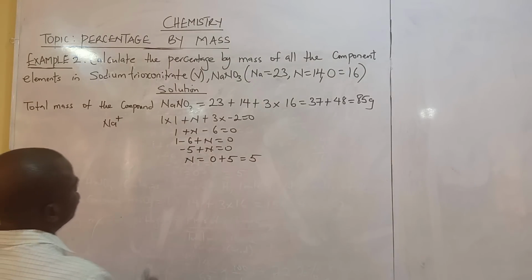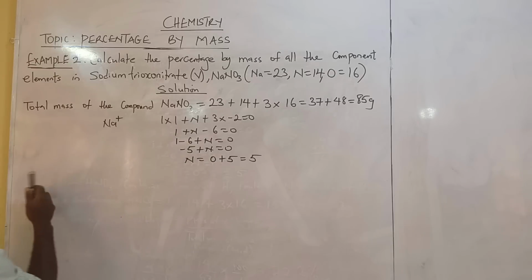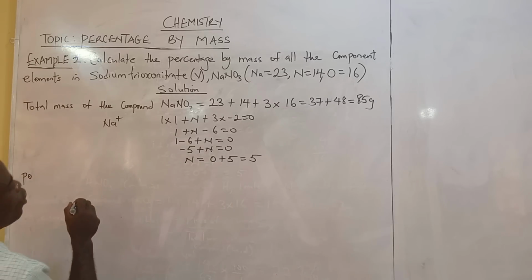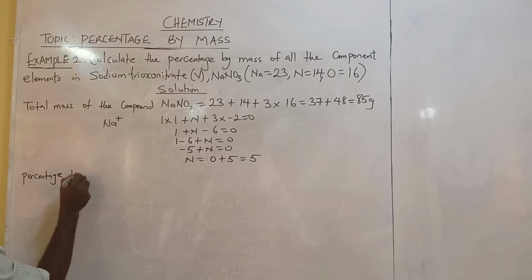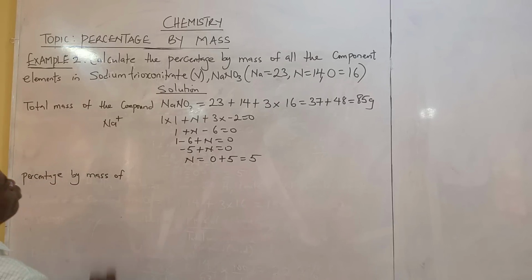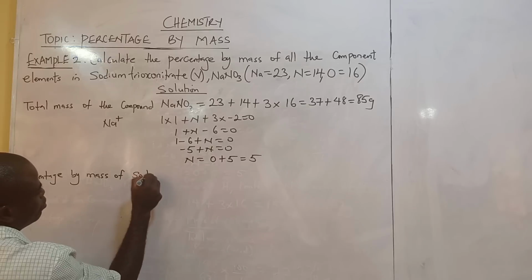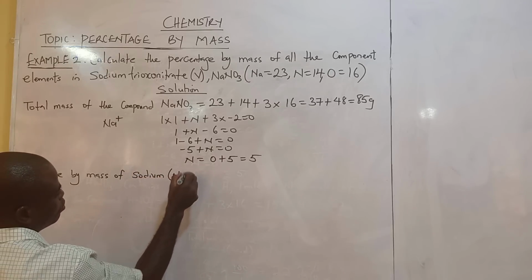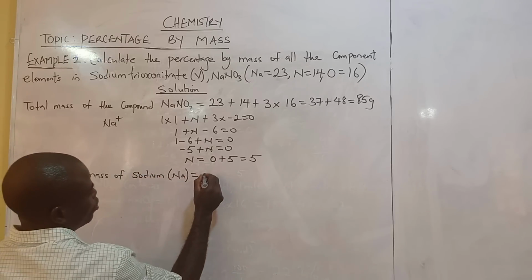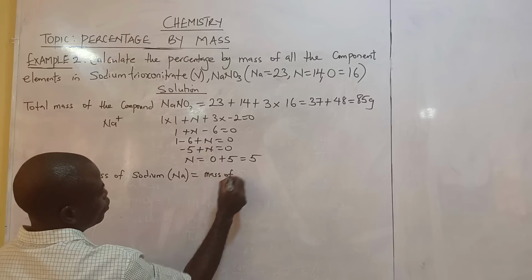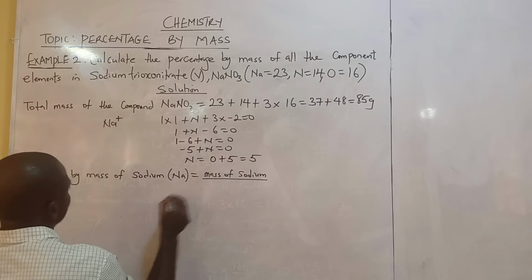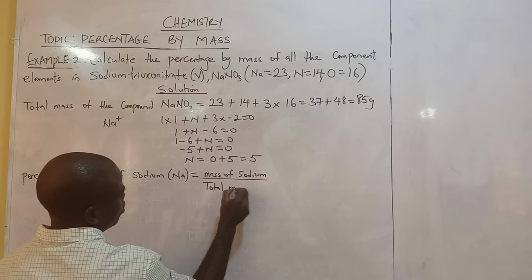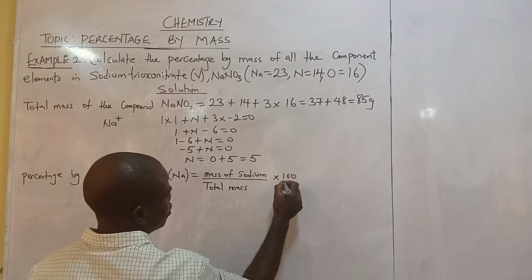Now, since we know the total mass, let's calculate the percentage by mass of all the component elements. Percentage by mass of sodium equals mass of sodium over total mass, times 100 over 1.